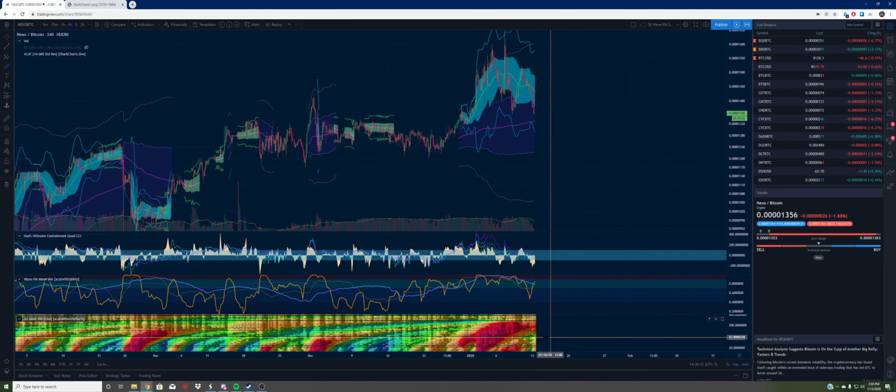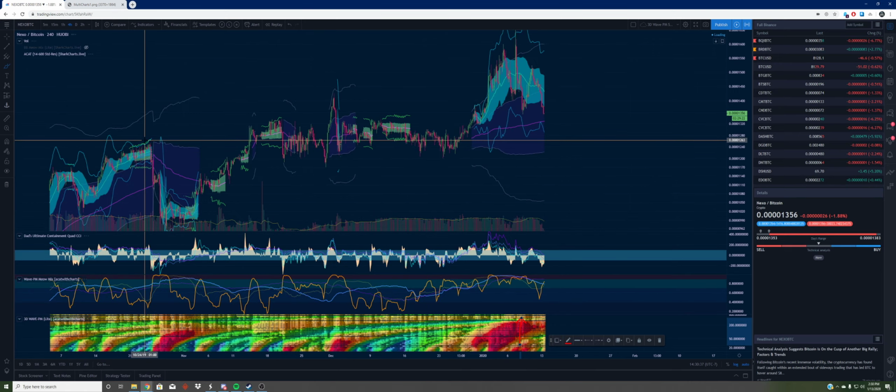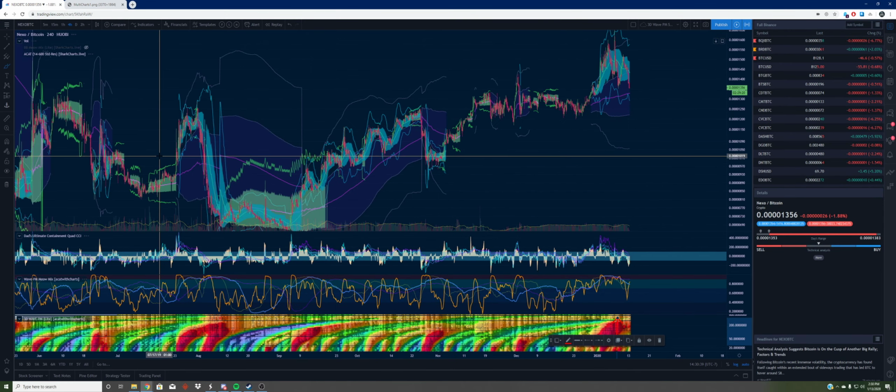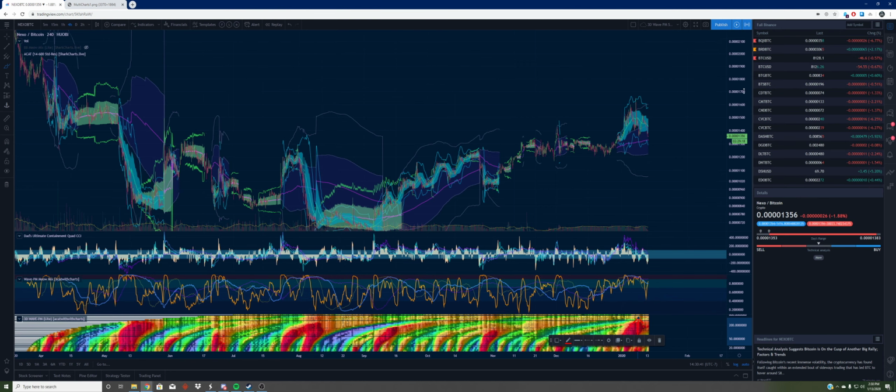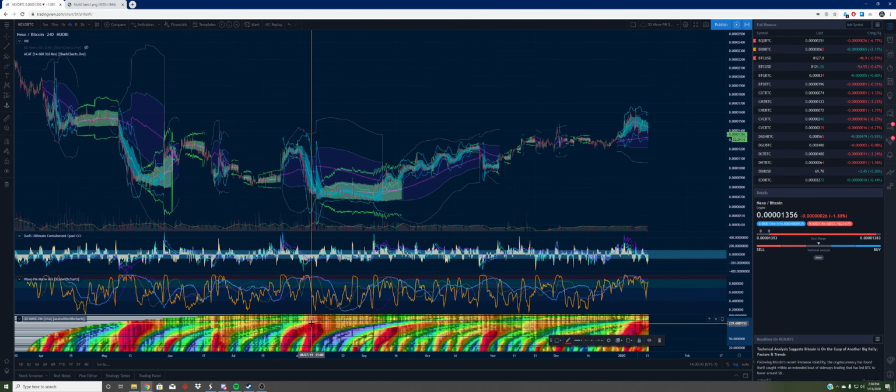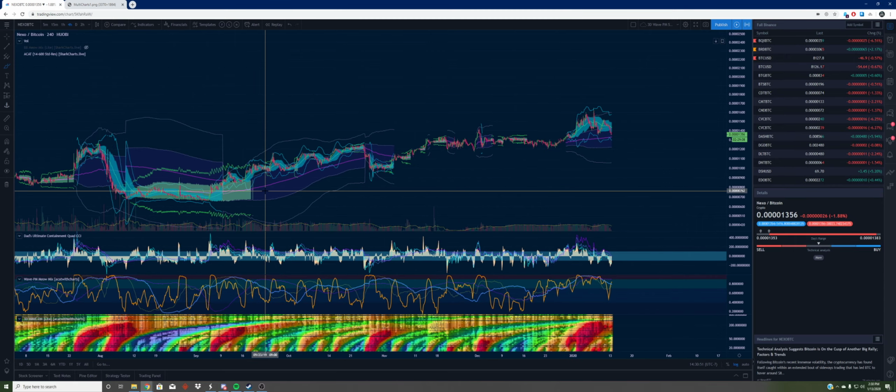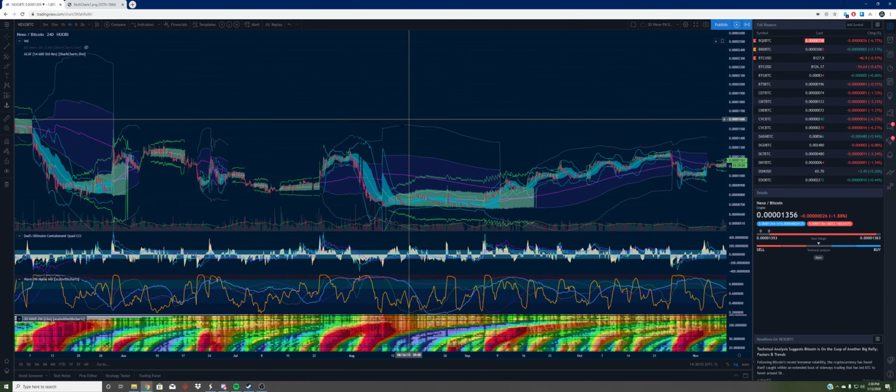So all this red and yellow here implies exhaustion. When you get exhaustion, you get lateral trading. Especially, last time we saw this kind of reading was here. This is a pretty rare reading though, where you actually re-expand volatility overhead. This is a super rare reading, so let's explain it.